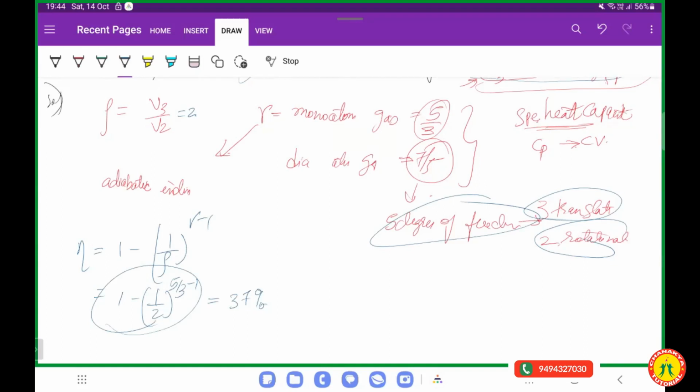If this is correct, 5 by 3 means 1.67, so 1.67 minus 1 is 0.67. It's almost half. I don't know. 0.55, which is more than 0.5. It's coming around 0.5, less than 0.5. Check what you're getting.